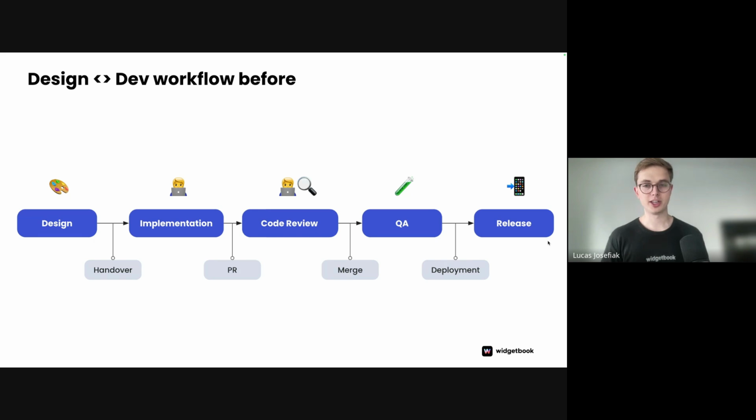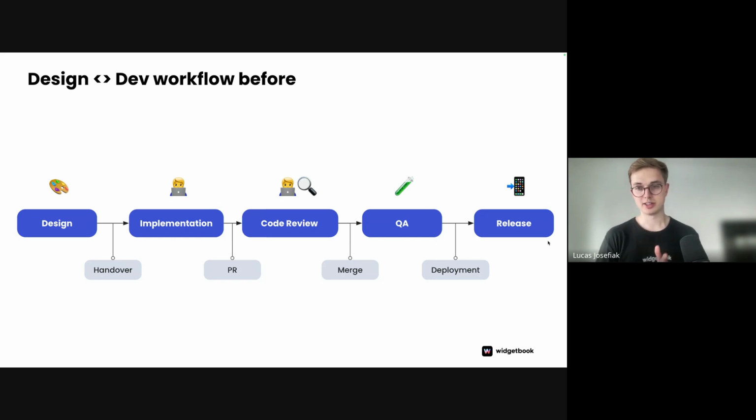The developer is then implementing that design in code, creating a pull request. This pull request is being reviewed by fellow developers in the code review. If the code is great, it's going to be merged, and then the QA tester quickly tests the app before it's being released to the customer.